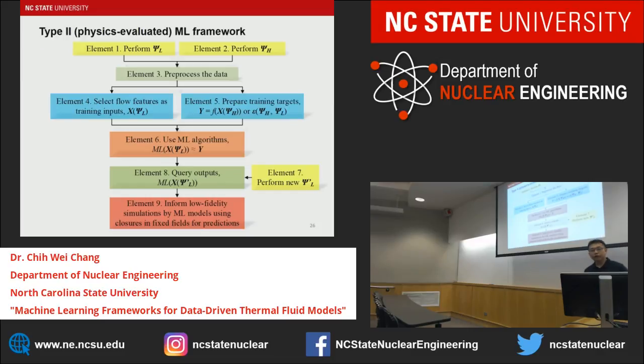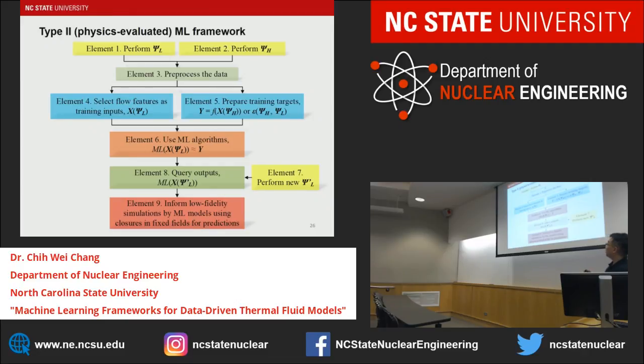And next, we will introduce type 2 machine learning. Type 2 machine learning is designed for simulation. So in the first step, we need to have a low fidelity simulation. The low fidelity simulation is not accurate enough for our problem, so we need to calibrate using a high fidelity simulation.